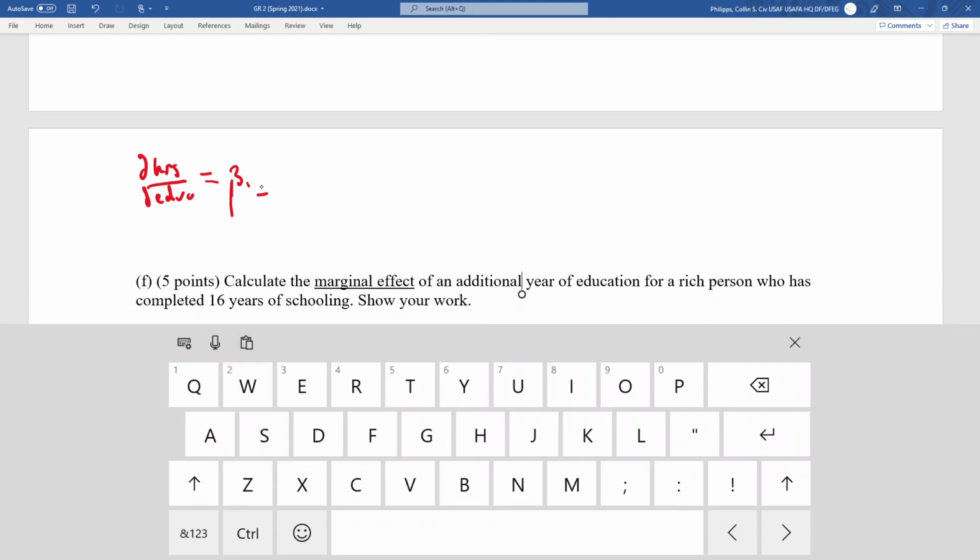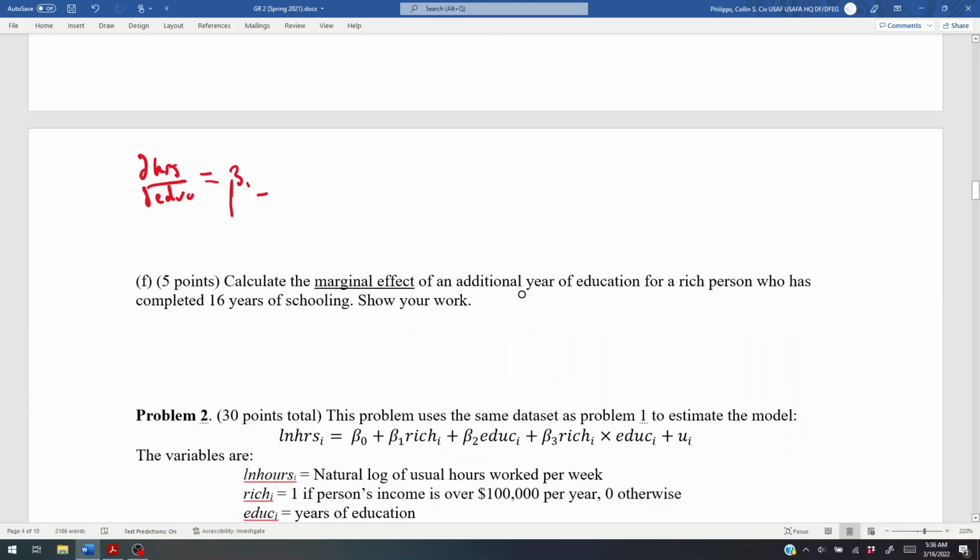And then we will have plus, I hate you, Microsoft. So we'll have beta 1 plus 2 beta 2 education, right? Not education squared anymore. Check this yourself, but I think you've done this derivative of a quadratic model a couple of different times, so you know what's going to happen.